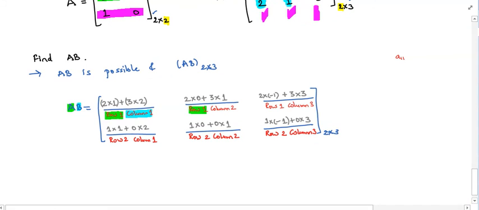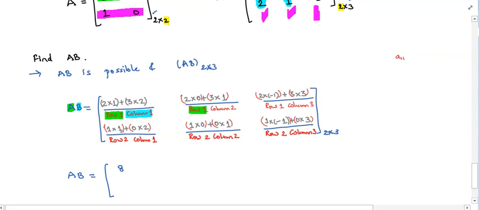Be careful when you are performing these operations. First multiply and then add the result. You need to solve each bracket first and then add; otherwise you will make some calculation mistake. So what will this give you? In AB, 2 multiply 1 gives 2 and 3 multiply 2 gives 6. 2 plus 6 is 8.